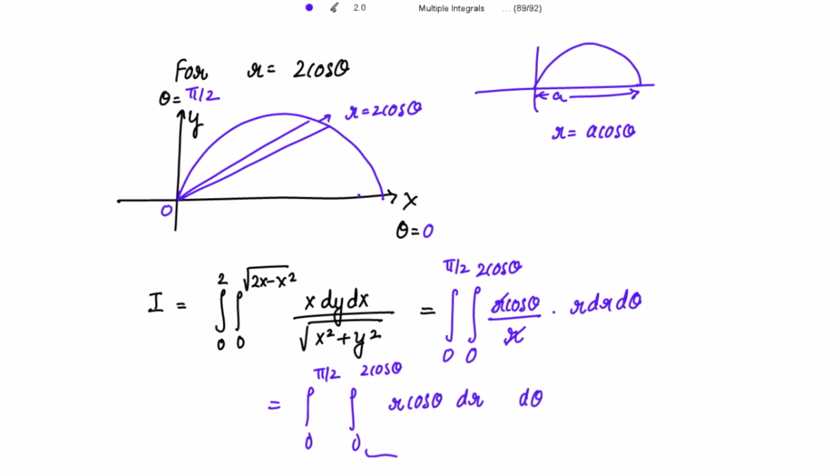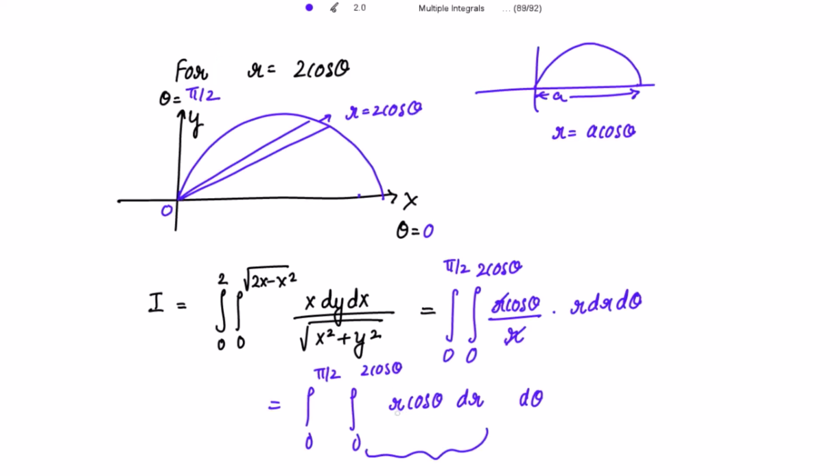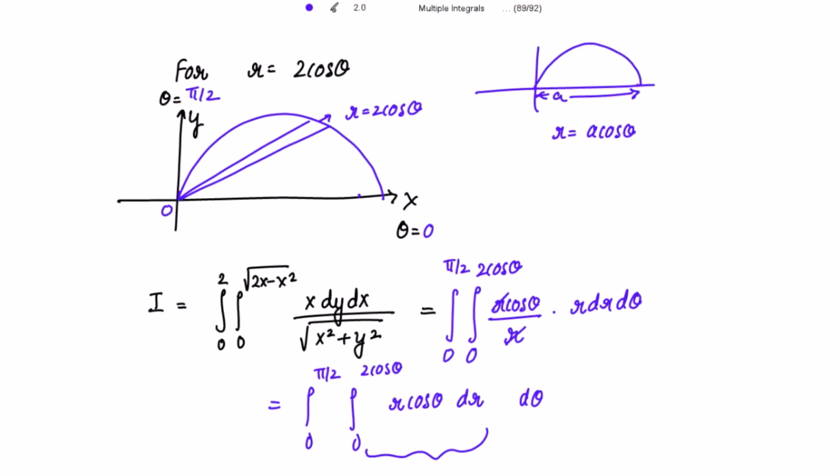To evaluate this innermost integral, we have to integrate with respect to r. Theta is constant, so this is equal to the integral from 0 to pi by 2, and the integration for r is r square by 2, writing cos theta as well, and the limits are from 0 to 2 cos theta d theta.